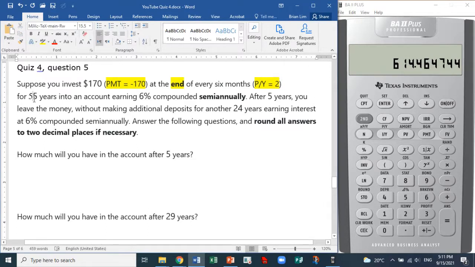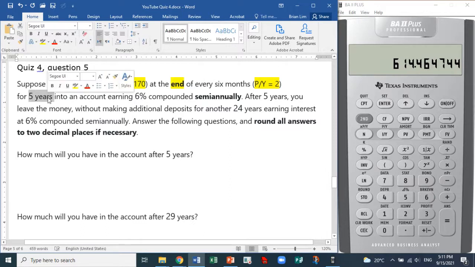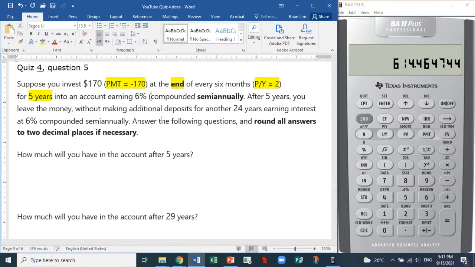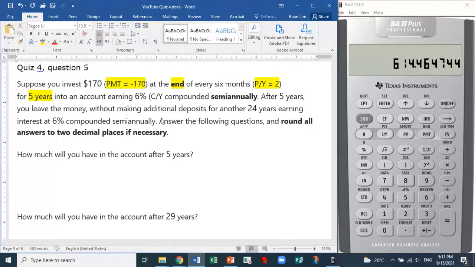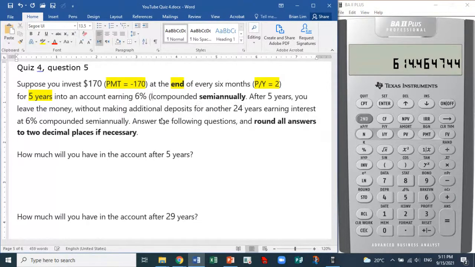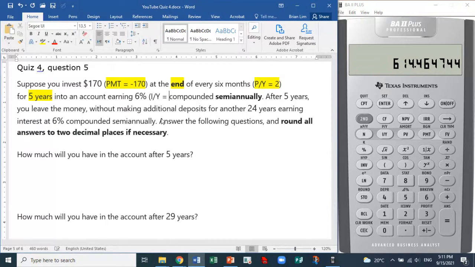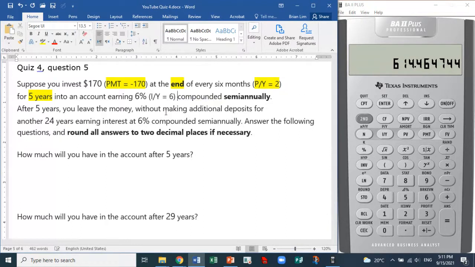Okay, for 5 years. So for 5 years, all right. Into an account earning 6% compounded semi-annually. So IY, sorry, that is IY is equal to 6.